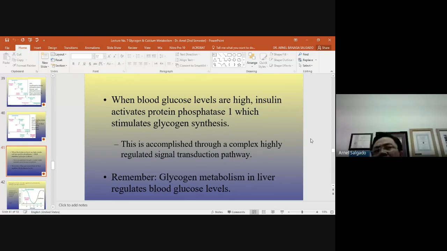We need to break down the glycogen to produce the glucose required by the cells. Now, always remember that glycogen metabolism in the liver, not the muscle glycogen, always regulates the blood glucose levels. That is how it's supposed to be going. All right? So let's try to move forward.